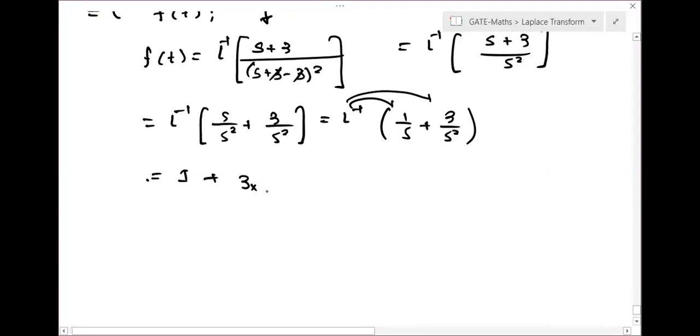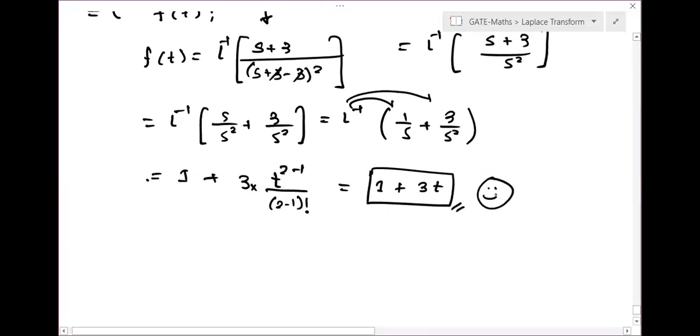S is in the denominator, t should be in the numerator. As you are moving from s to t, you have to decrease its power, 2 minus 1, and write it in factorial, 2 minus 1 factorial. So it is 1 plus 3t by 1 factorial. So this is your answer.